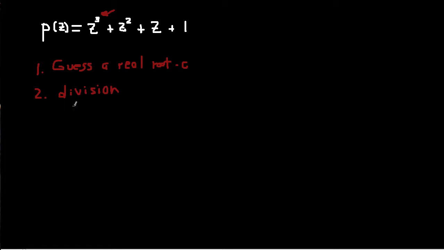So I want you to take this polynomial p of z, and I want you to do division by z minus c, so that's one root of the polynomial, and divide that into the z cubed plus z squared plus z plus 1. And when you do that, that should give you some second order polynomial.